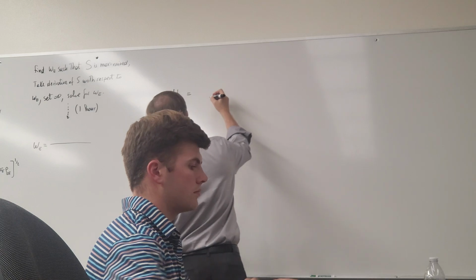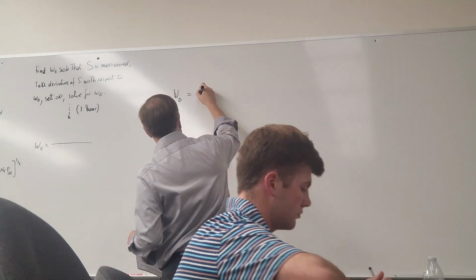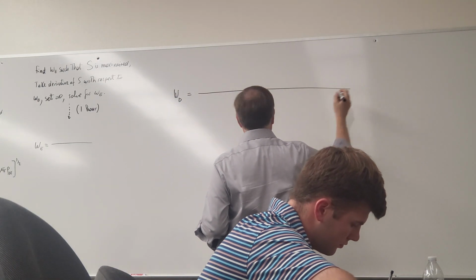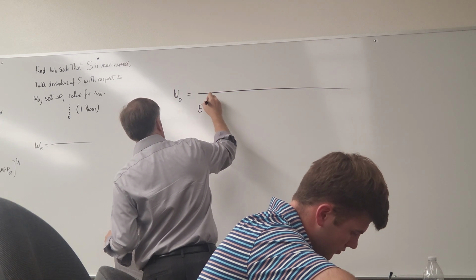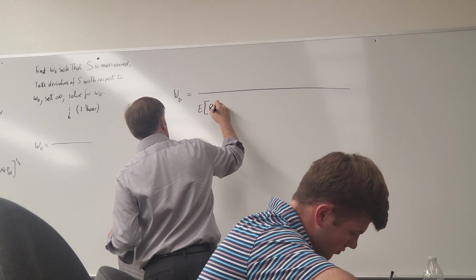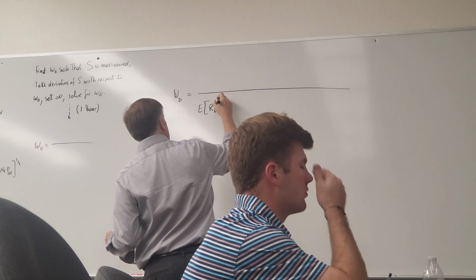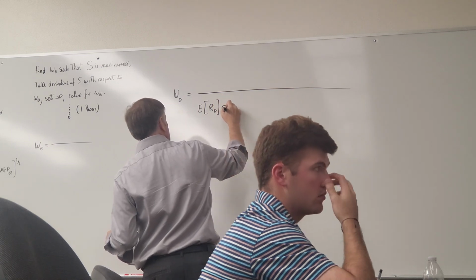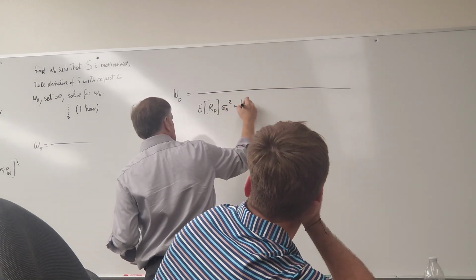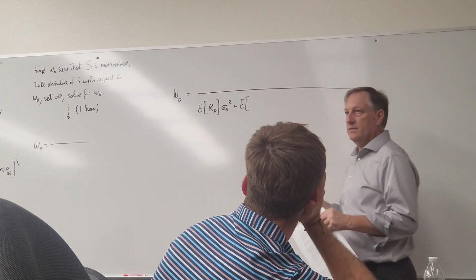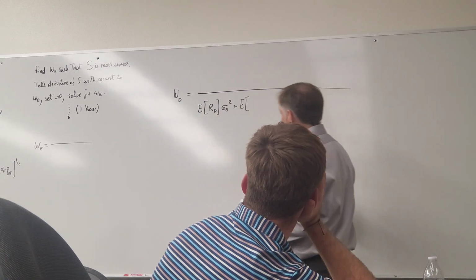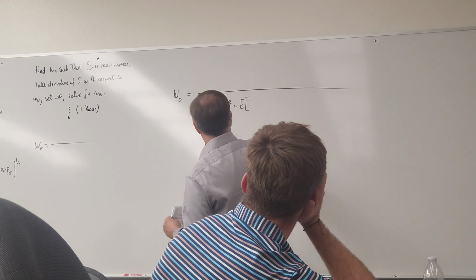So wait until I write it, and then I'll tell you to copy it. So this is the way it looks like. Notice that I'm writing returns with a capital letter, so I need to define what that means. Normally I write it with lowercase.